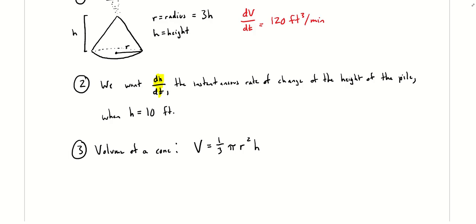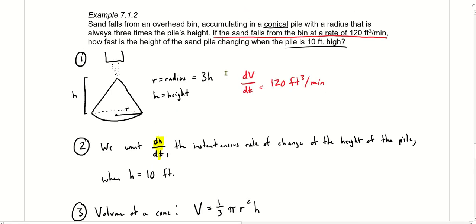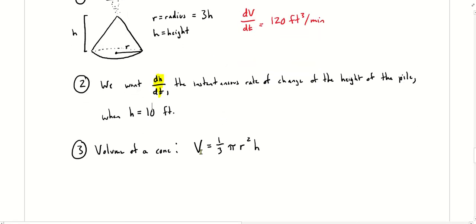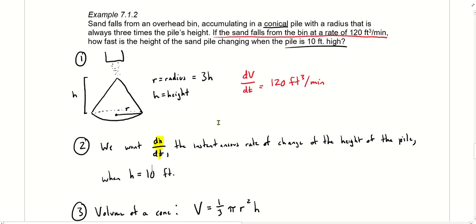Now, if we look at this, there are 3 different quantities, right? Volume, radius, height. Whenever we have a lot of variables, if possible, we want to reduce the number of variables to a more manageable amount. And actually, part of that was already done for us here. If we take a look at radius, notice that we already expressed that in terms of the height.